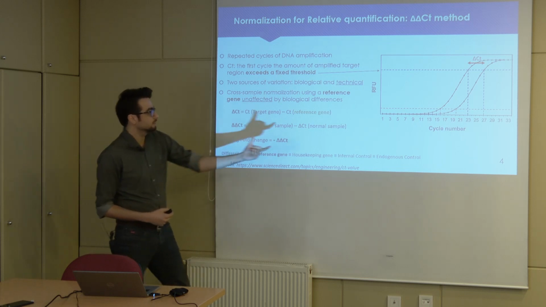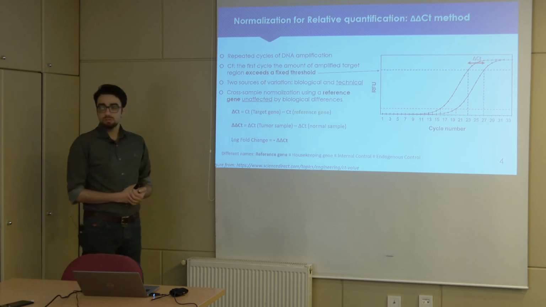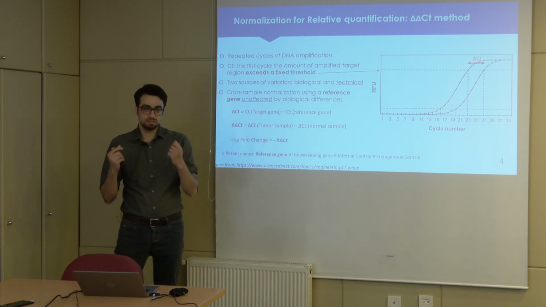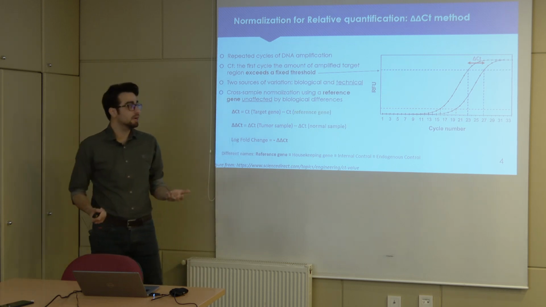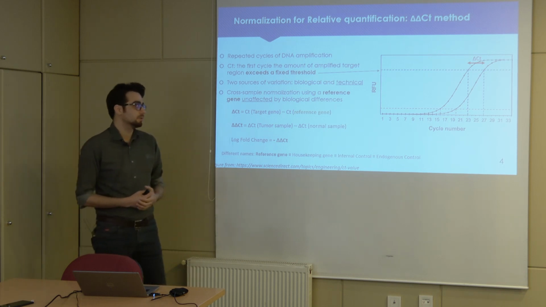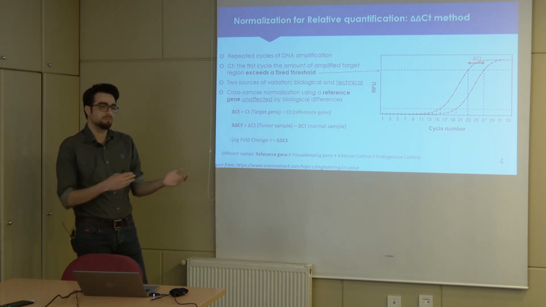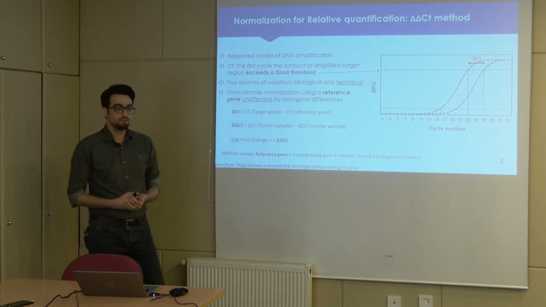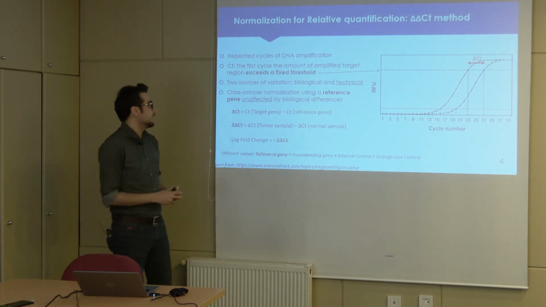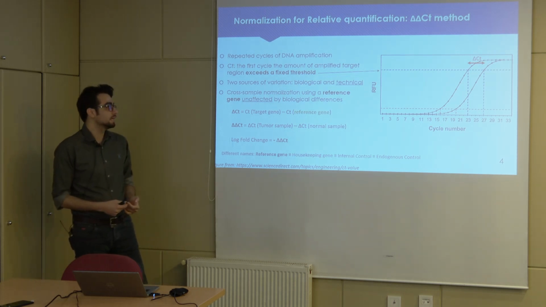The cycle number which reaches there is the CT value. There are 2 sources of variation in this raw CT value which we get from the device. One is biological, which is what we are looking for, the biological variation of genes between samples. And there are also technical variations which we want to normalize.